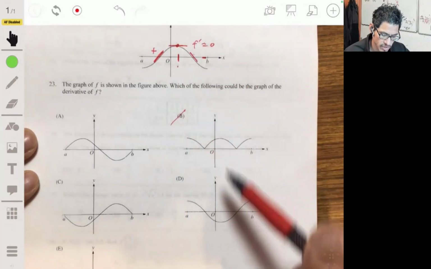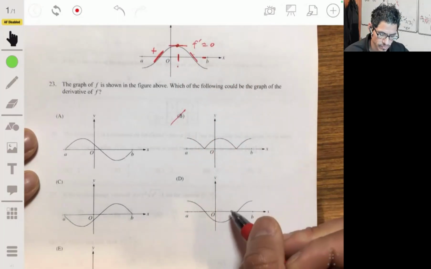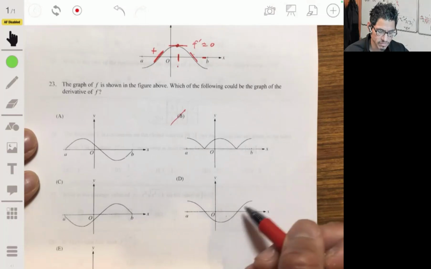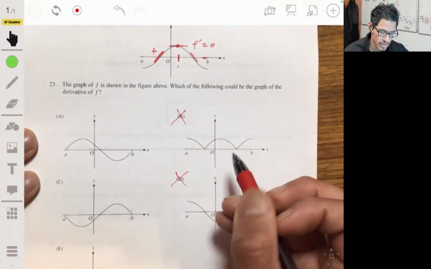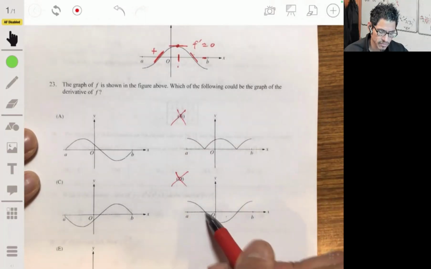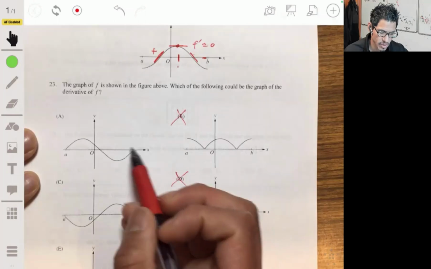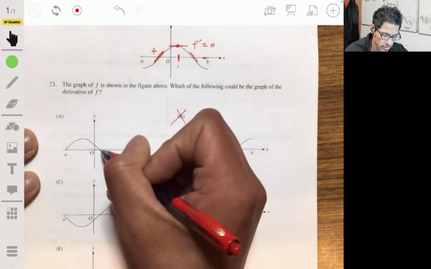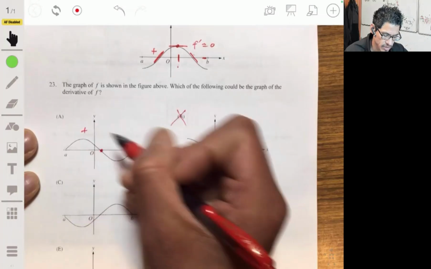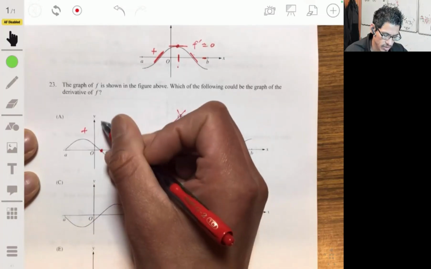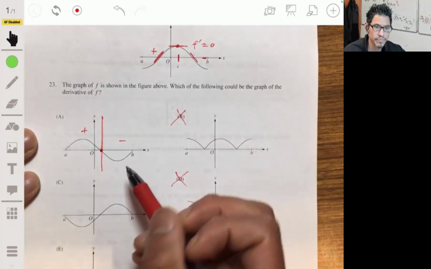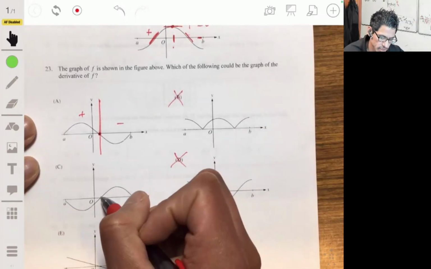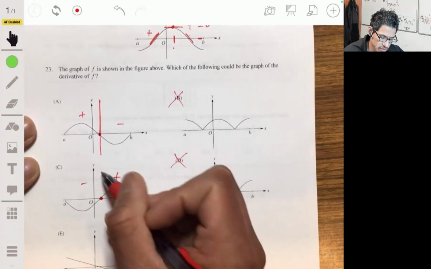We can eliminate D from there, because again, it goes positive to negative. A still holds because again, it's positive, then negative after that point. C would not hold because it's negative, positive.